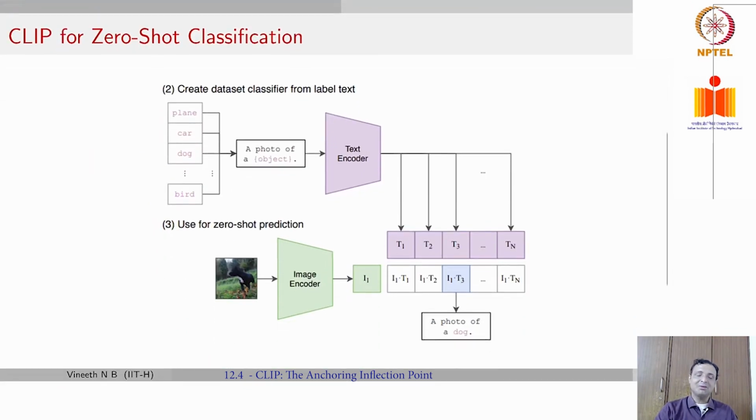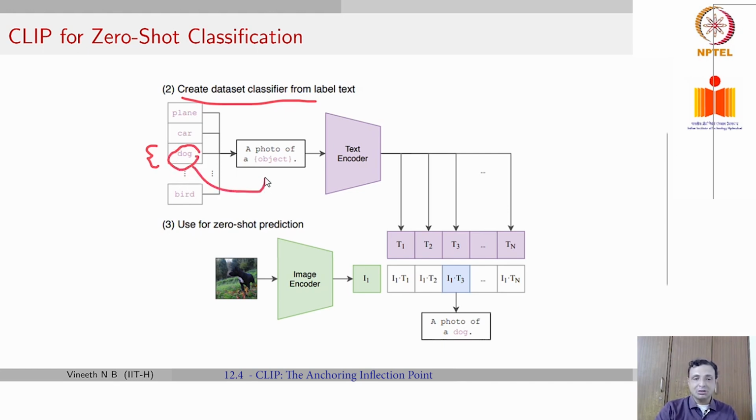So coming back to CLIP, how does CLIP handle zero-shot? Once you have trained your image encoder and text encoder, you can now create a dataset classifier from a labeled text and simply do zero-shot prediction on the text. For example, let's assume dog was a class that we had not seen during training. Now you have a new label called dog.